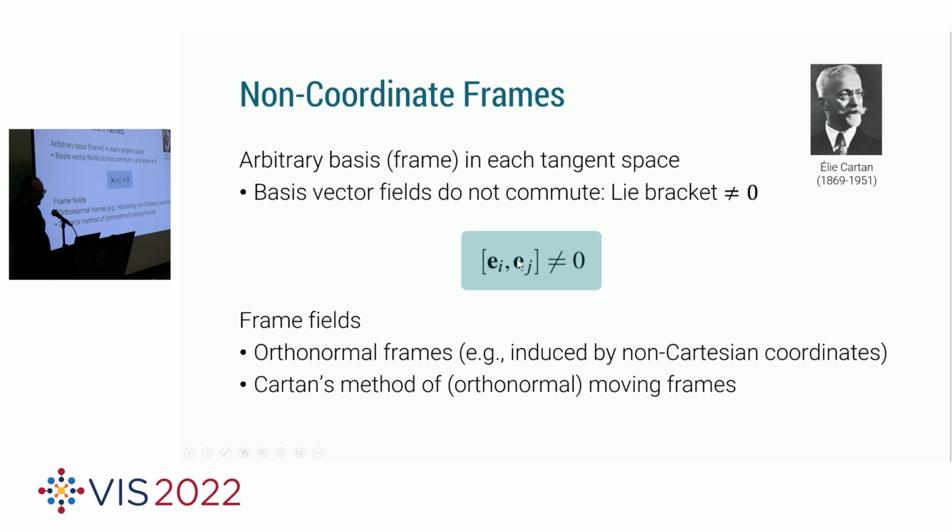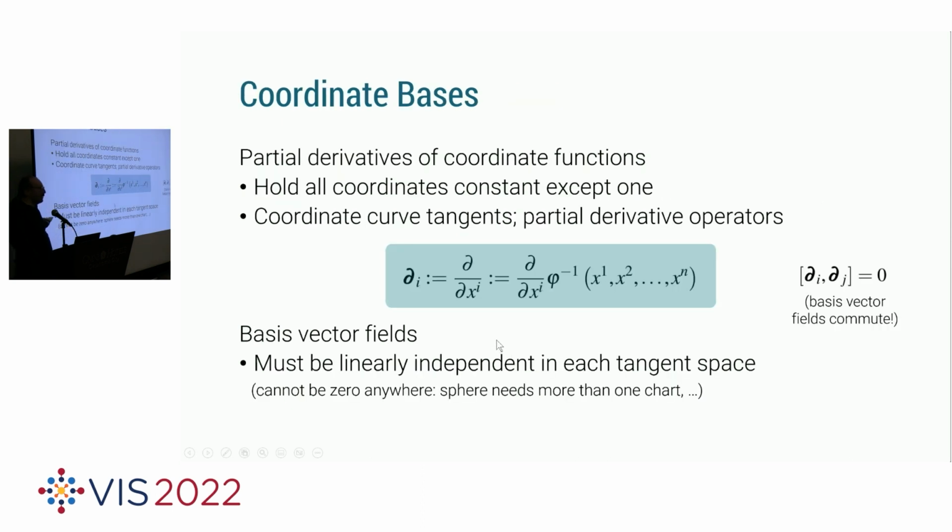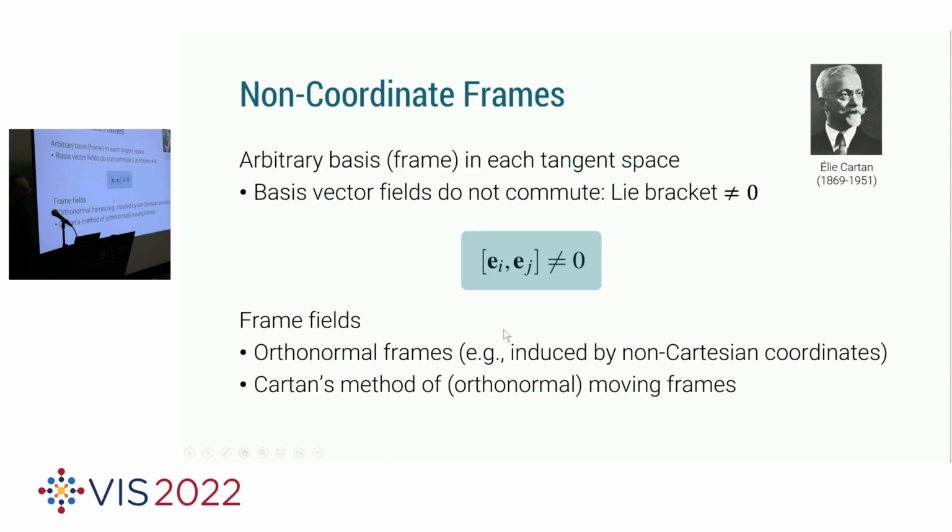So you would have the basis vector fields over your manifold. If you compute the Lie bracket, it would not be 0, and that means it does not commute. But of course, having an orthonormal basis has many advantages. So either you use the non-orthonormal one, where you have the advantage that it's a coordinate basis or frame, or you use the orthonormal one, where you often have the disadvantage that it's a non-coordinate frame. So both have advantages and disadvantages.